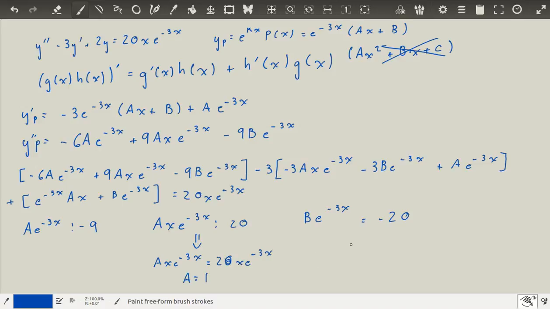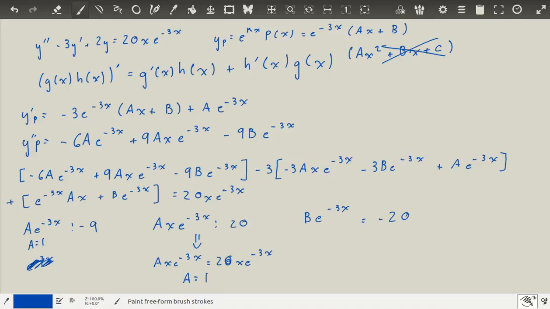And then let's take a look at b. We know that a is equal to 1, so let's just cross that out right there.